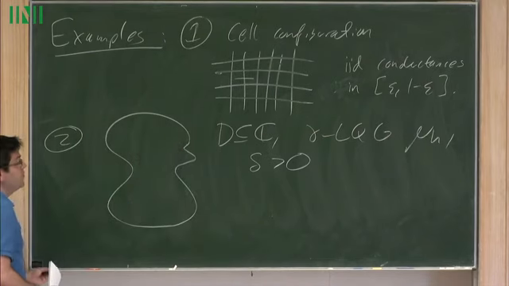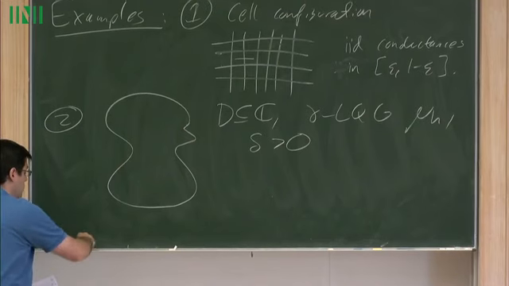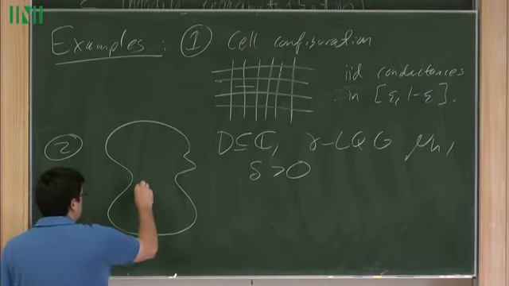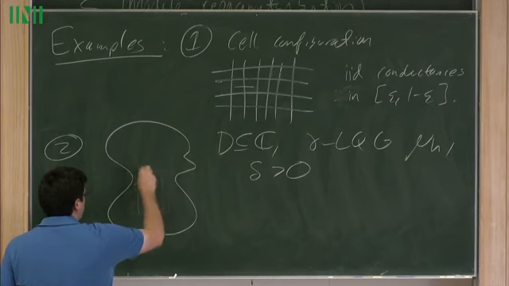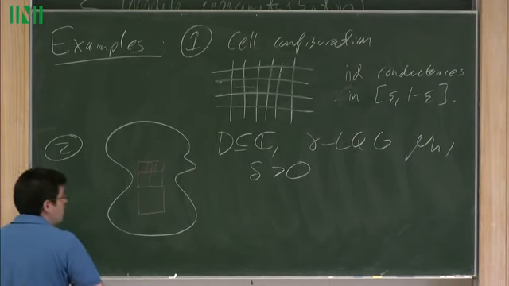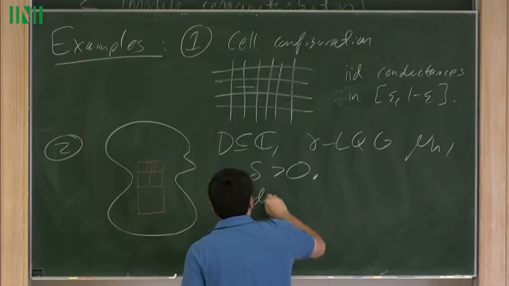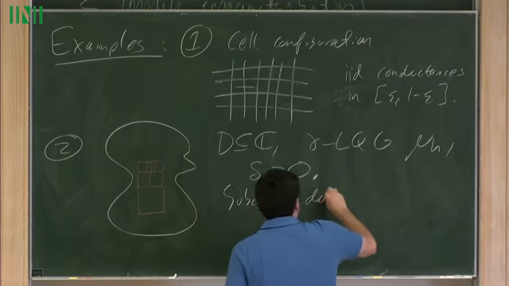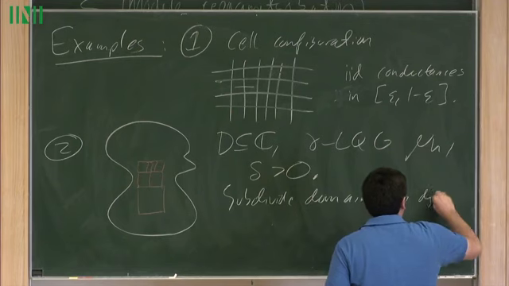Now to construct your cell configuration, you take the domain and partition it into dyadic squares, so you subdivide the domain into dyadic squares.